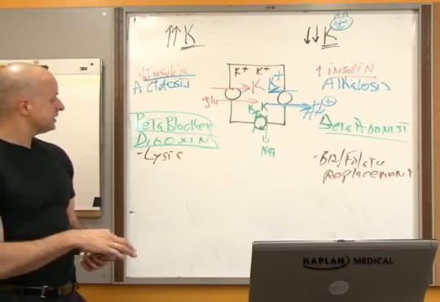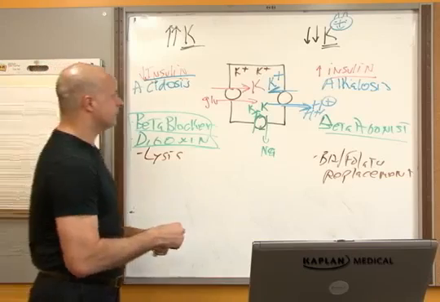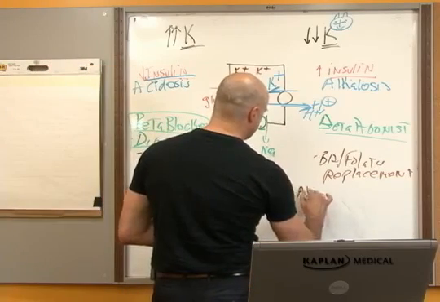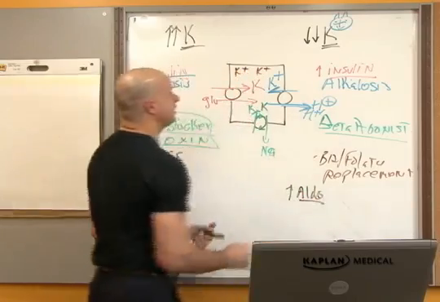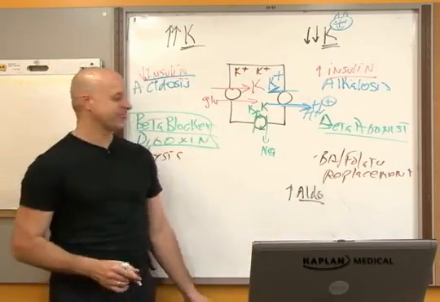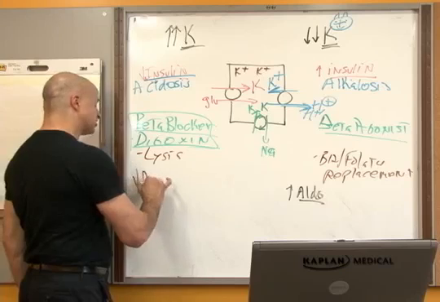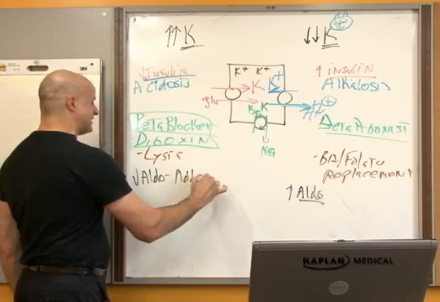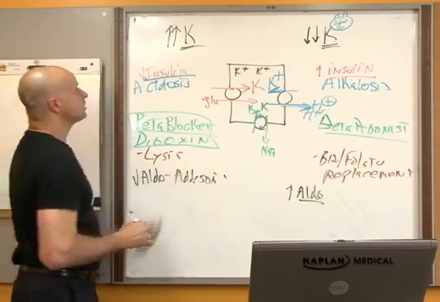The last thing is Conn's syndrome, Cushing's syndrome. If you increase aldosterone, aldosterone drives excretion of potassium. If you decreased aldosterone, which is to say Addison's disease, you increase potassium.